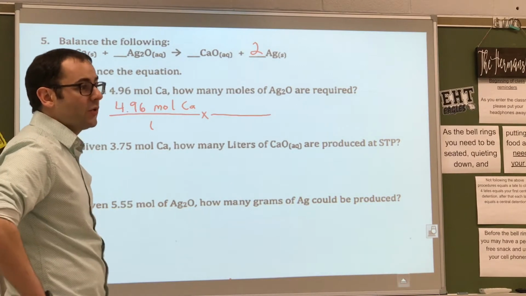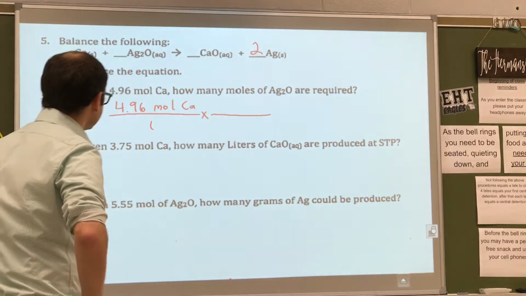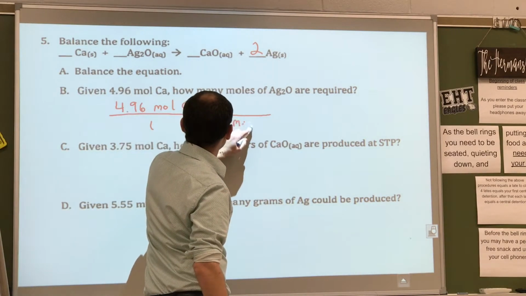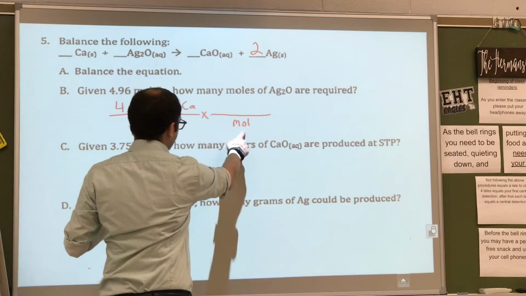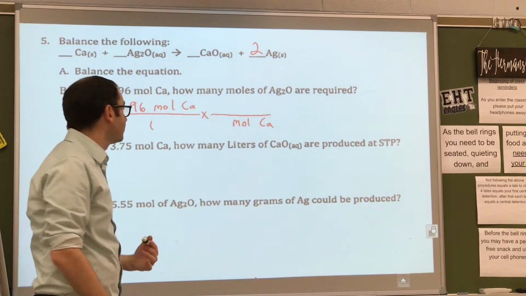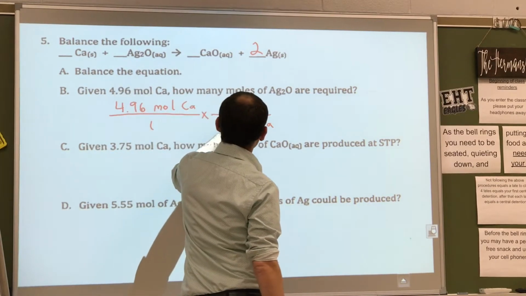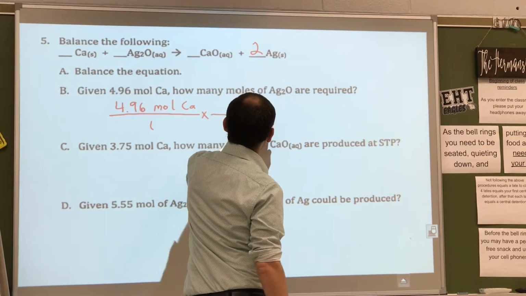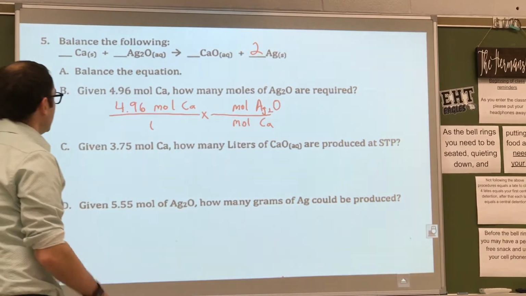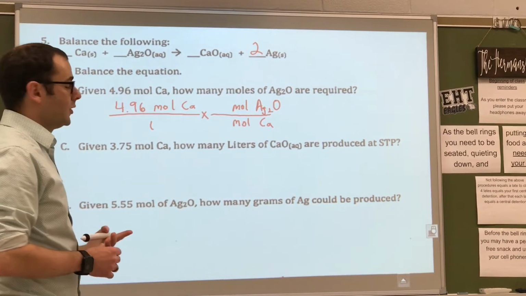All right. So what do we do here? What goes on the bottom? Good, moles of it. Moles of calcium, right? Because we need to cancel it out. And then what's going to go on the top? Yep, what we're looking for, the moles of the silver oxide. All right, how many moles of each of those? 1.